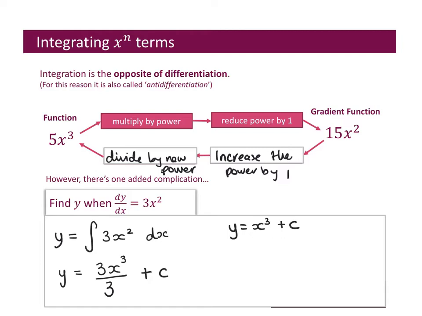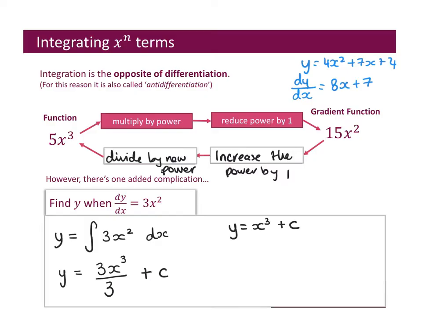Exactly correct. If we think about, just for a second, the equation y equals 4x squared plus 7x plus 4. If I was to differentiate this equation, dy by dx, bring the power down, reduce the power by 1. So 8x plus 7, and then the 4 would disappear, essentially.